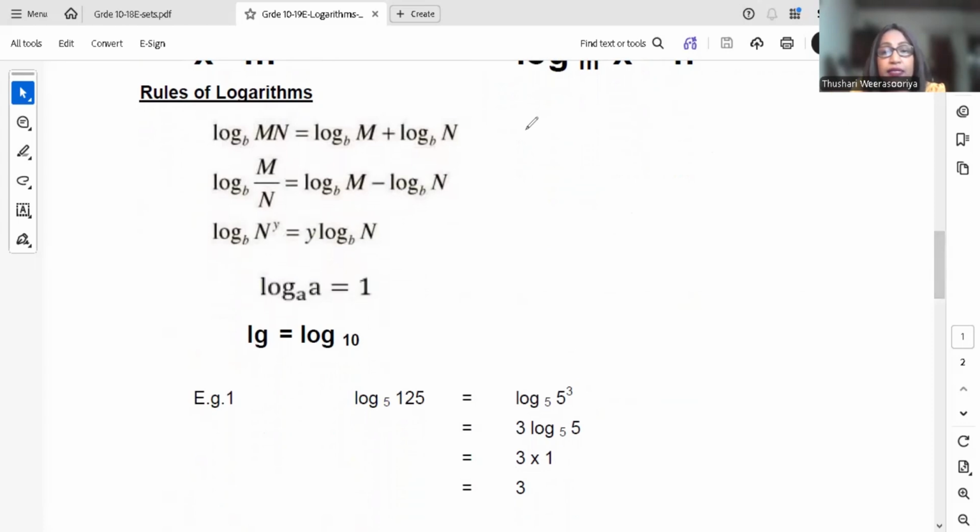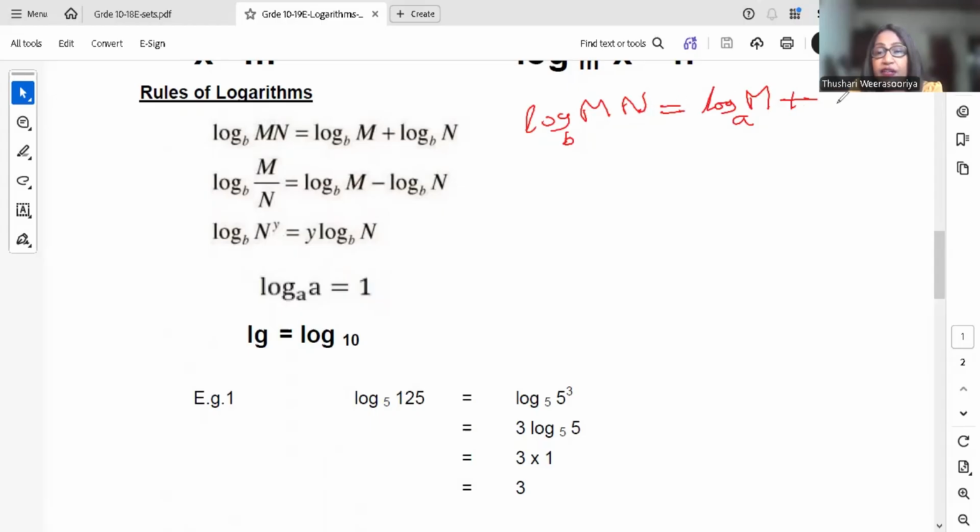Log base b, mn equals, you can break into two pieces, logarithm of m to the base b plus logarithm of n to the base b.